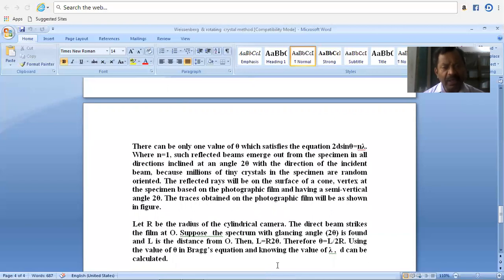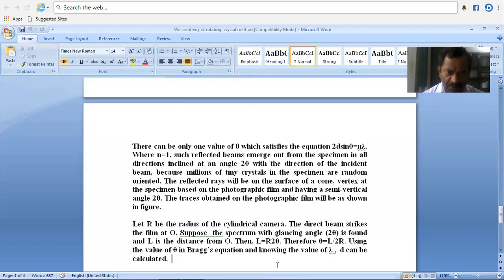The single crystal or rotating crystal method was developed by Weissenberg, and this powder diffraction for polycrystalline materials was developed by Debye Scherrer.